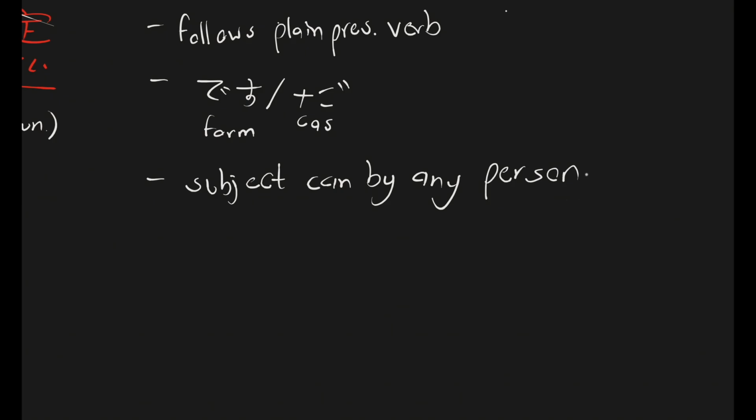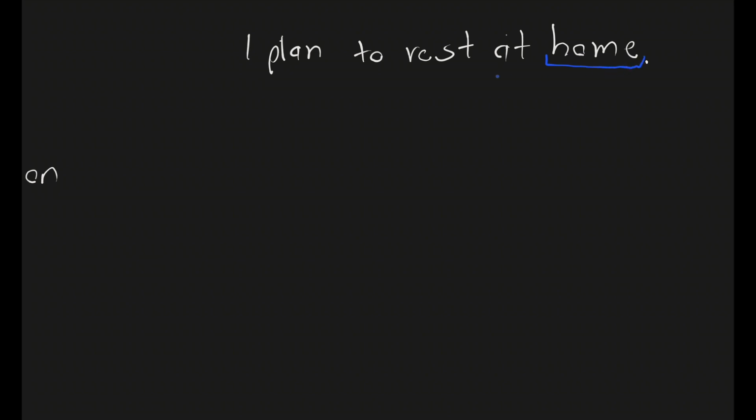So let's go over some examples, actually. So let's translate: I plan to rest at home. Now I'll go over the vocab here. So again, home, we've seen that in a previous one.